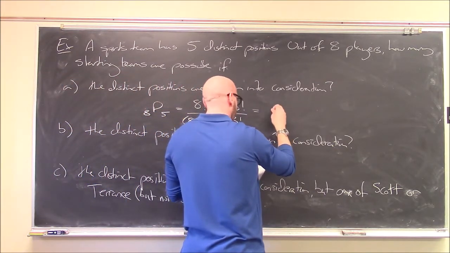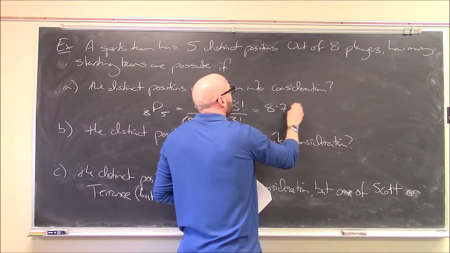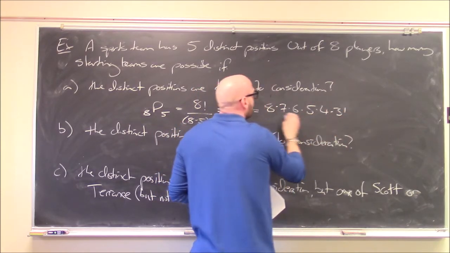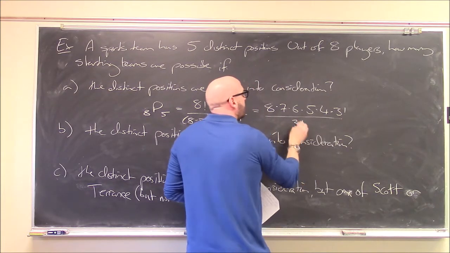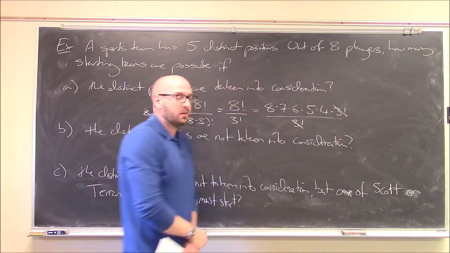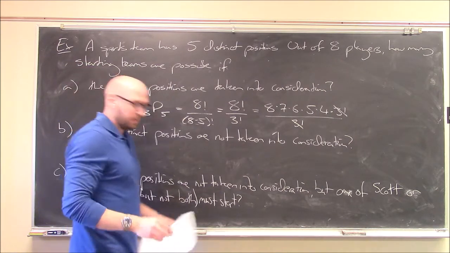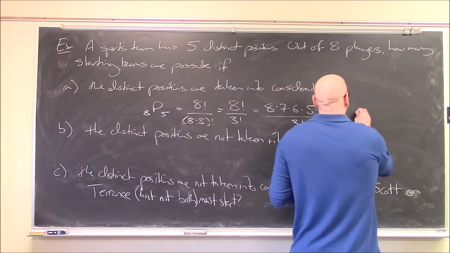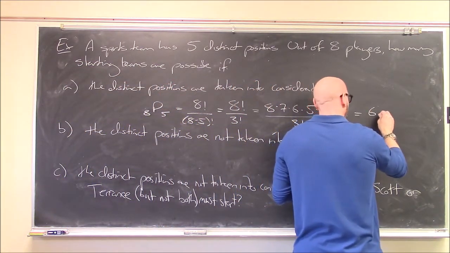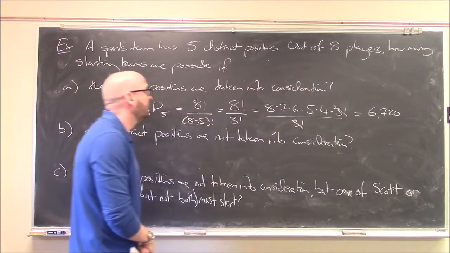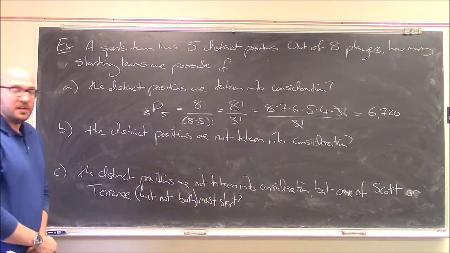The number looks pretty big here, but this is 8 times 7 times 6 times 5 times 4 times 3 times 2 times 1, or 3 factorial, over 3 factorial. Those cancel. And I just have to compute this product, 8 times 7 times 6 times 5 times 4. It's a pretty big number. This is 6,720 different permutations, different starting teams.